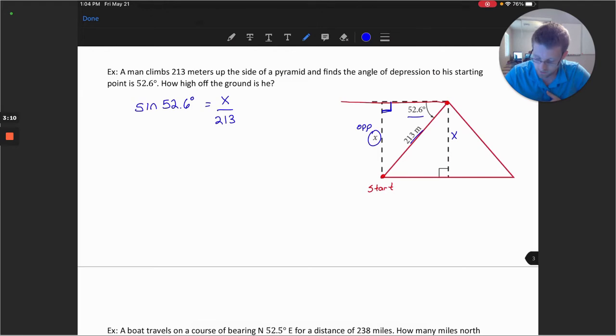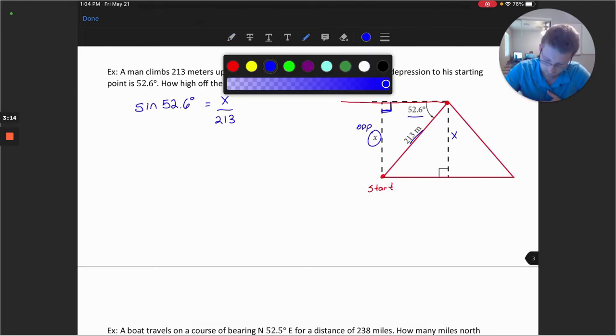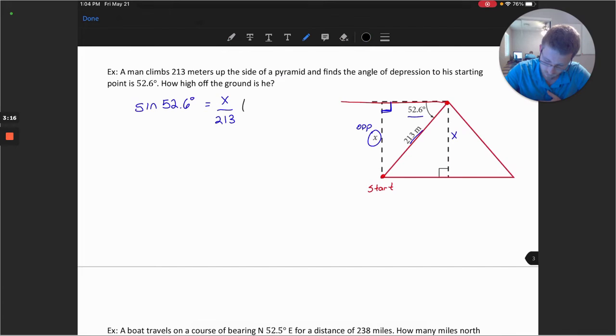If I multiply 213 on both sides, I can solve for my value of x.